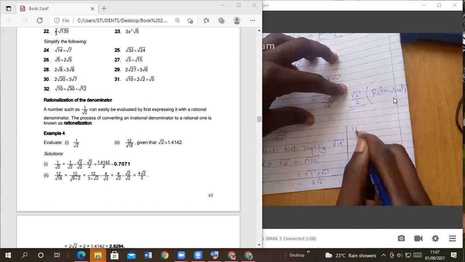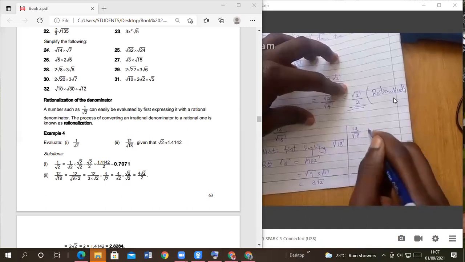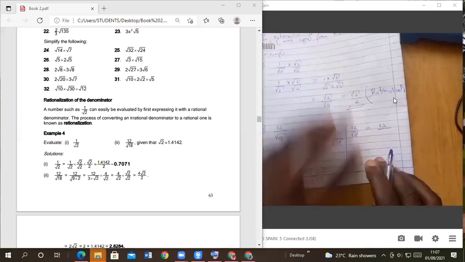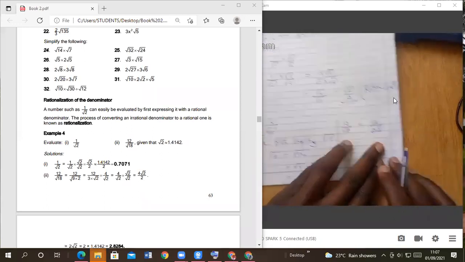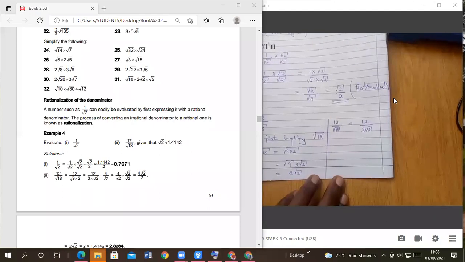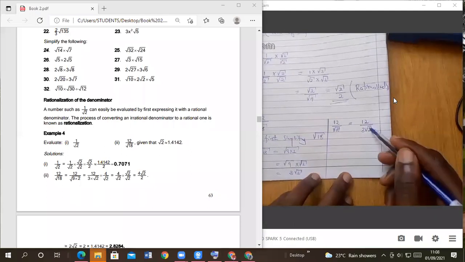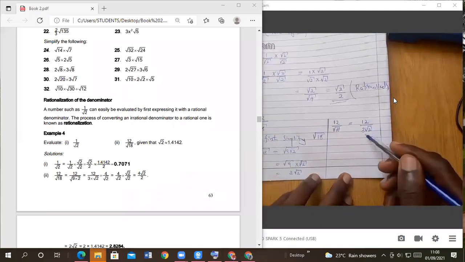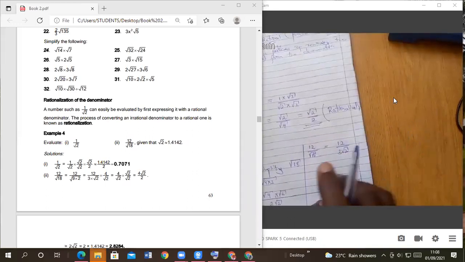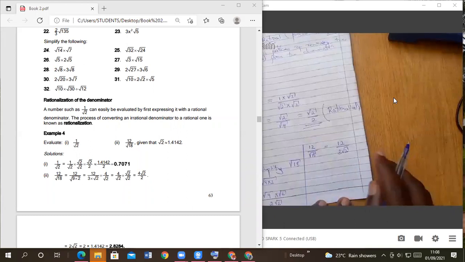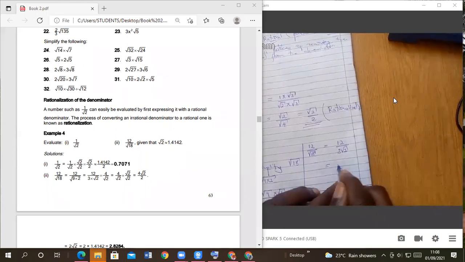So we have 12 out of root of 18. We have simplified root of 18, which is the same as 3 root of 2. Now I want to remove this square root from down here. What should I do? Multiply by root of 2.